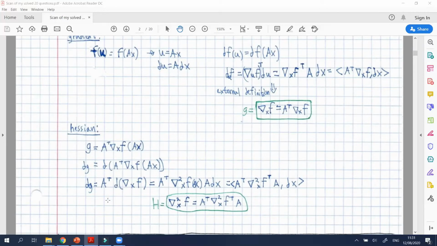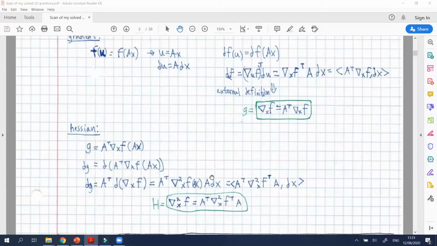And so we have A transpose differential gradient x of f. And now what we do, by definition, we know that differential of gradient of x of a function is the Hessian, which would be nabla squared, which is just the Hessian. So what we do is we get A transpose Hessian of f at point Ax, just multiplying obviously matrix A times the vector x, A dx.